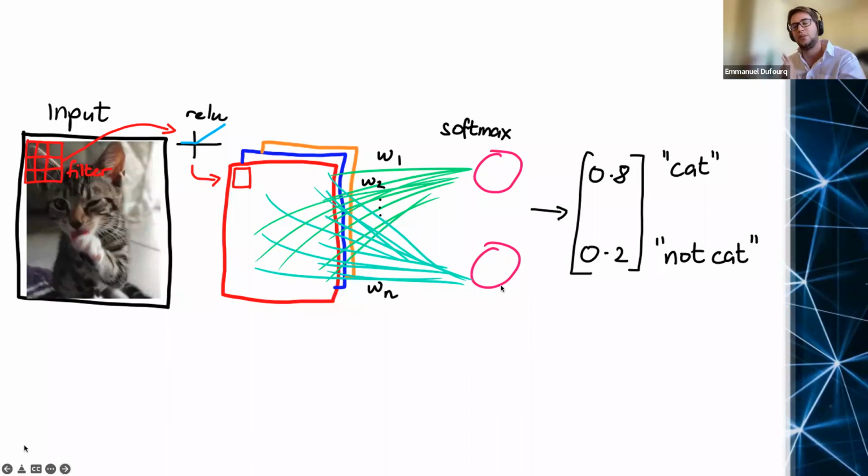So this is how all of the pieces of the puzzle fit together. We apply convolution, then we flatten everything, then we have our normal feed-forward neural networks, and then we have softmax outputs, which generate probabilities that the image contains a cat or not a cat. So hopefully, the way this was explained to you, you can see now how all the pieces of the puzzle fit together.